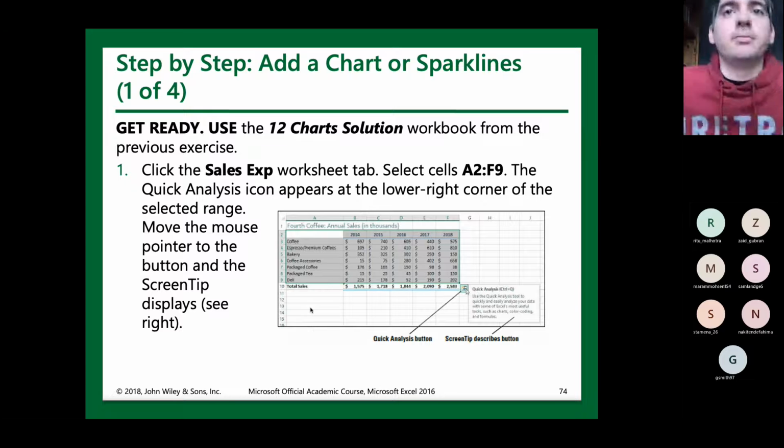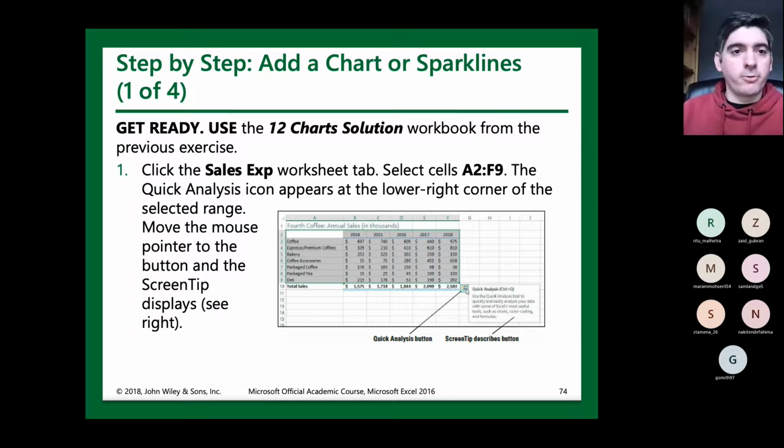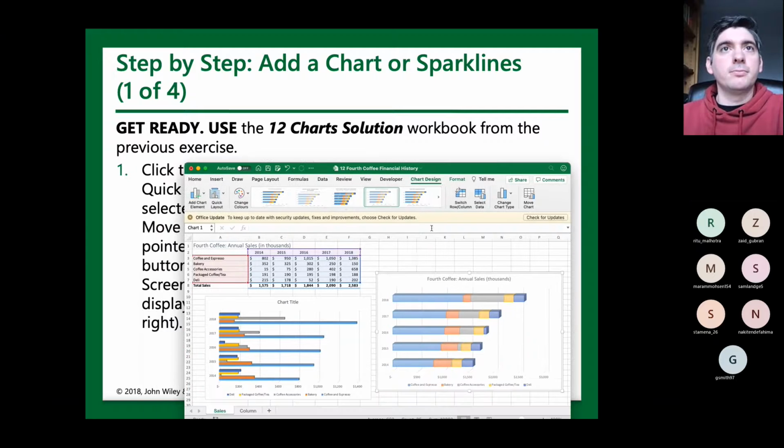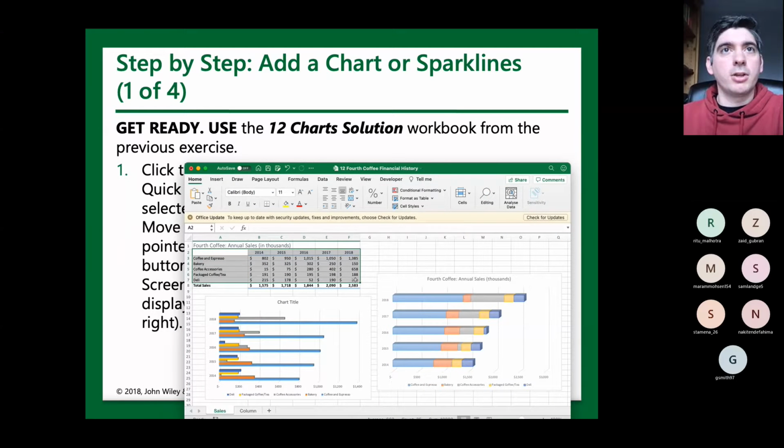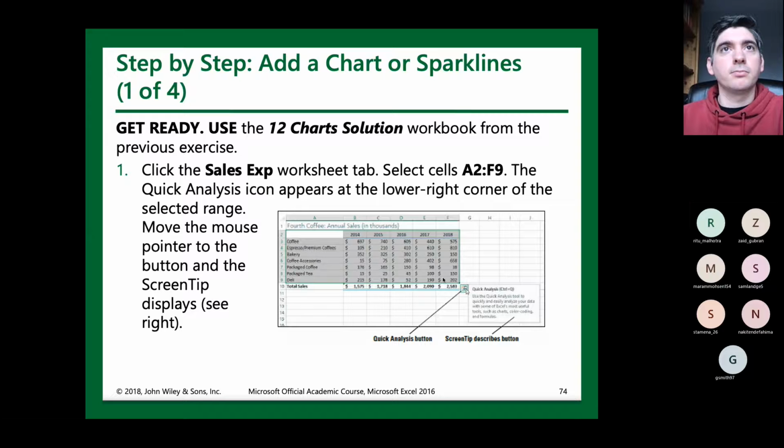So it's the same workbook that we've been working with so far with the same data. So all you do is select the data. I'll just do that here. Select the data, and then in the bottom right we should get the Quick Analysis pop-up showing up here when that's being created.